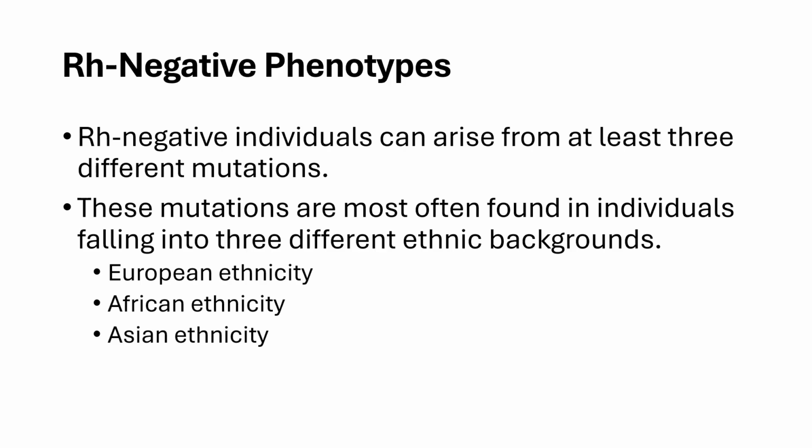For Asian ethnicity, a common mutation includes hybrid genes, where portions of the RHD and Rh big C big E genes are combined, leading to altered RHD antigen expression or weak expression. These differences do have important implications for blood typing, for transfusion compatibility, and understanding the population genetics.